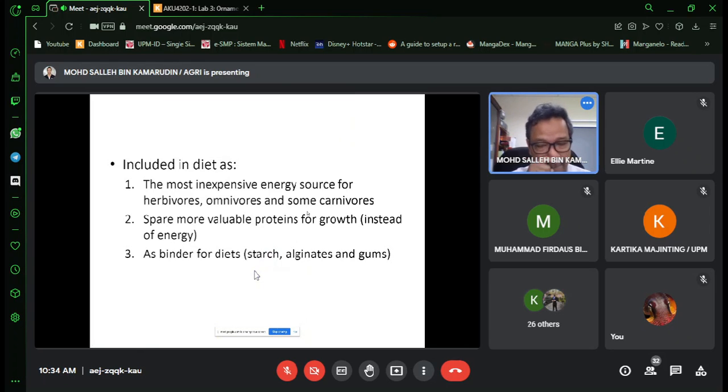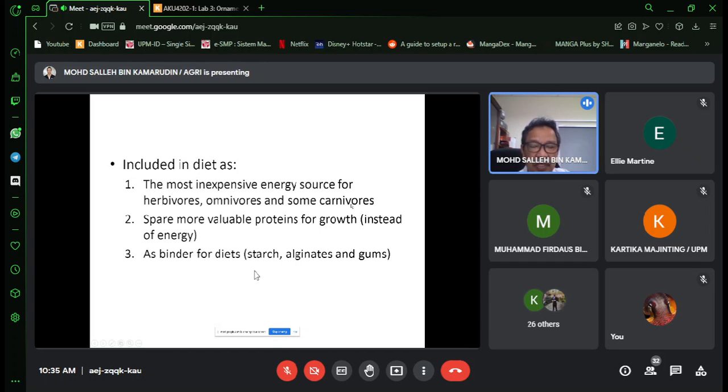Alright. Kalau tak diperlukan, why are they included in diet? They are included in the fish diet because it's the cheapest energy source for herbivorous and omnivorous fish, and also some carnivorous fish.